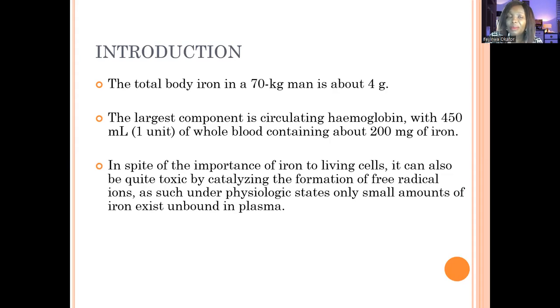One unit of blood contains about 450 ml of whole blood, and this contains about 200 milligrams of iron. Iron is very important and is part of the metabolic processes that go on in many living cells.